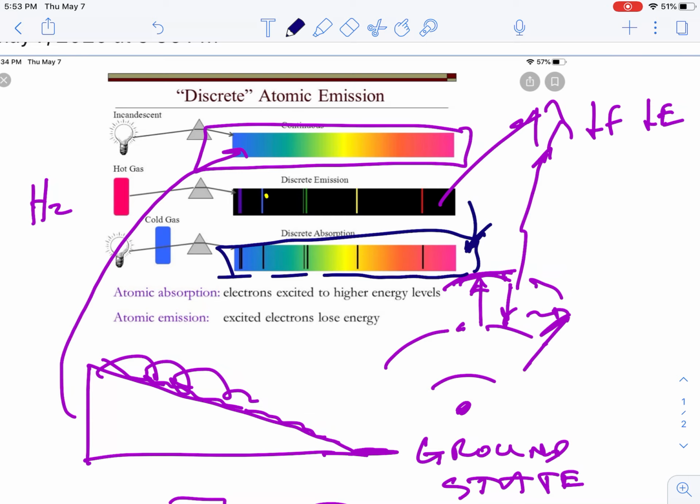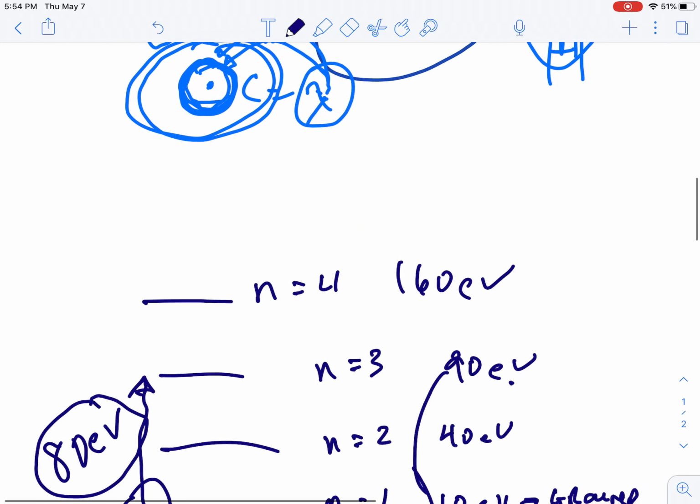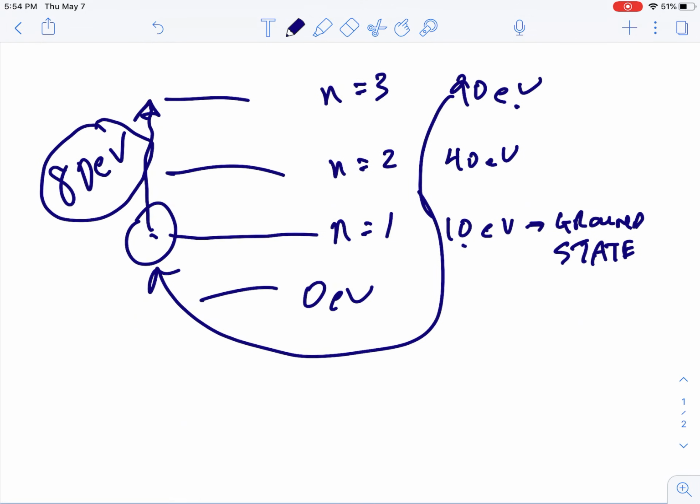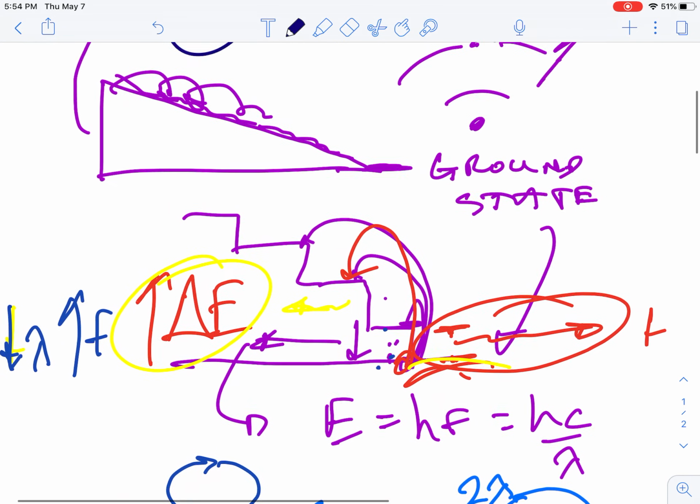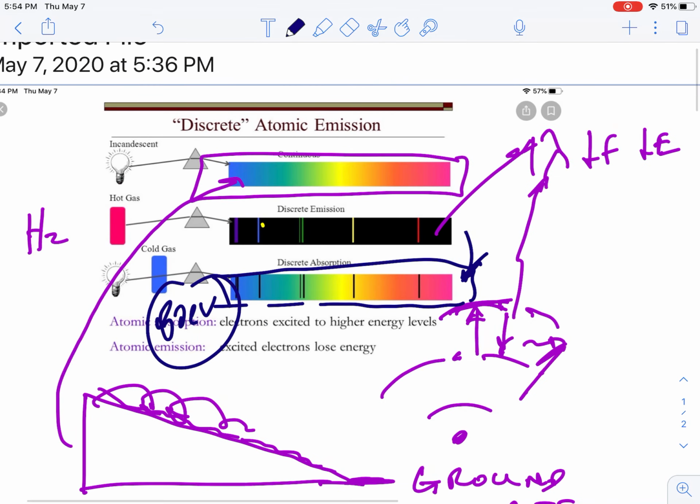And these electrons will say, hey, here's an 80 electron volt photon coming in. That 80 electron volt photon is going to get absorbed, and it's going to make that electron go from the ground state up to here. So these two are like negatives of each other.